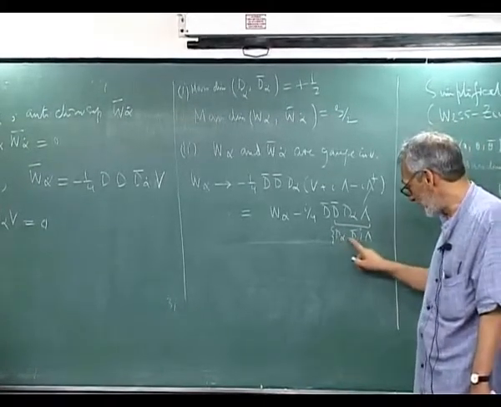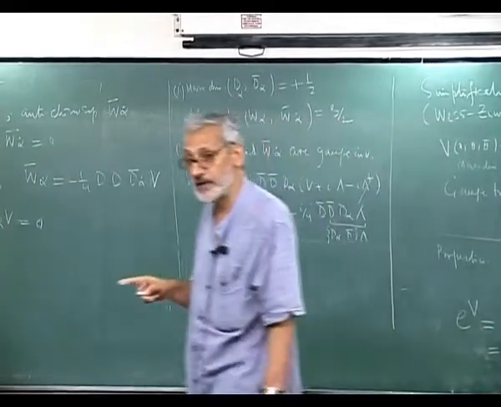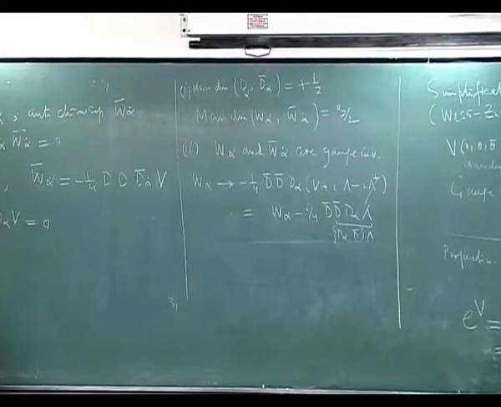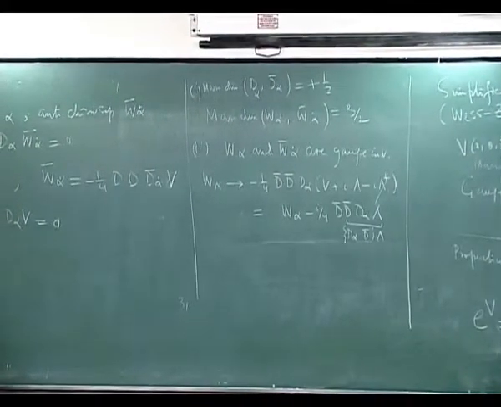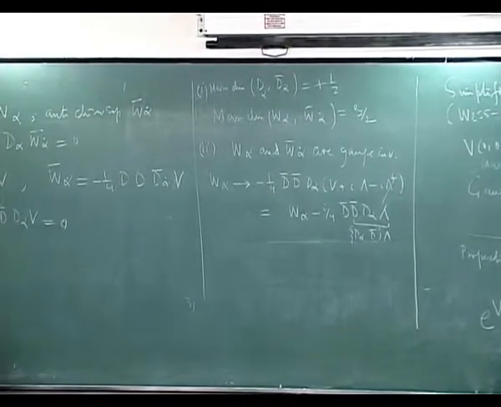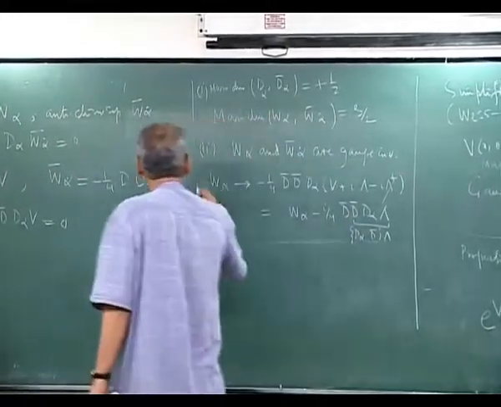But the commutator of D and D bar, I know what it is because I've done that algebra earlier. That's again some sigma times derivative, ordinary space-time derivative, sigma mu times space-time derivative. Remember? So let me write that here.